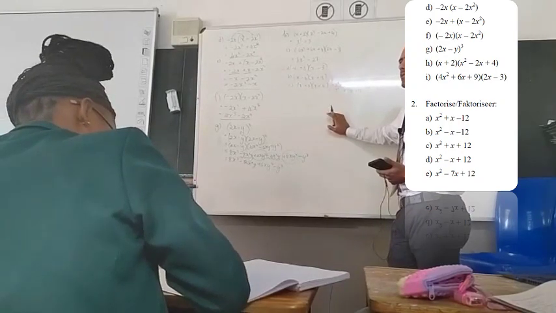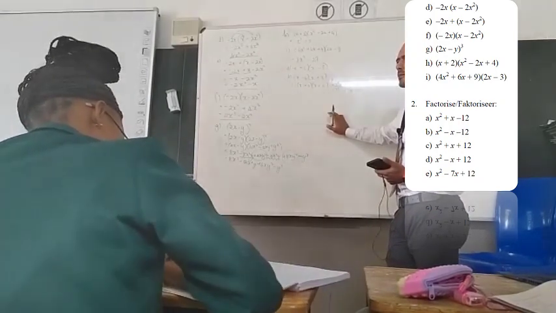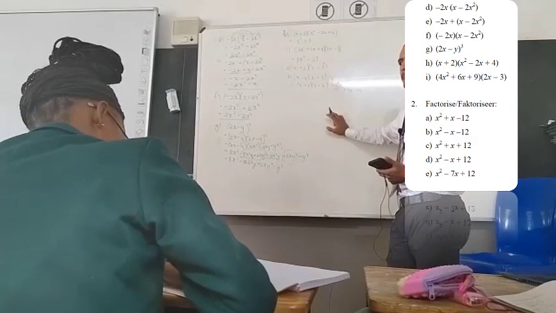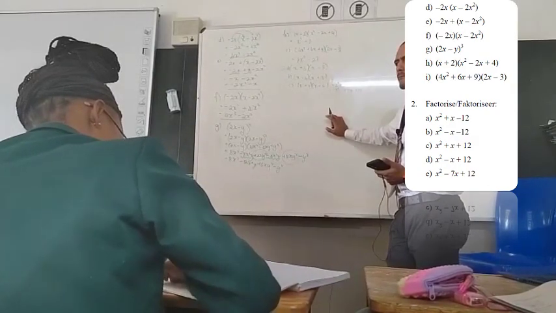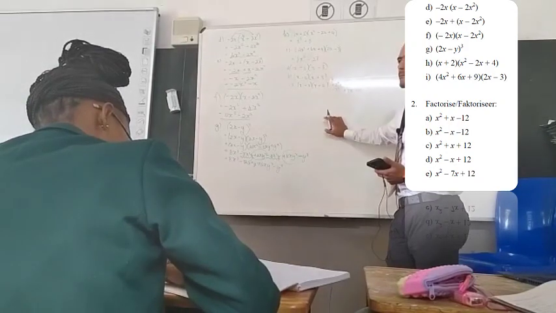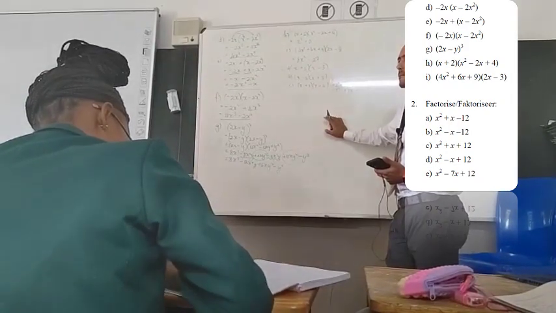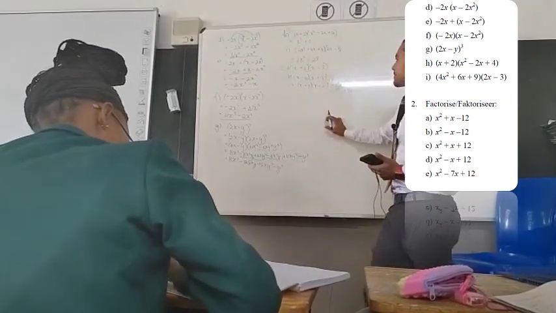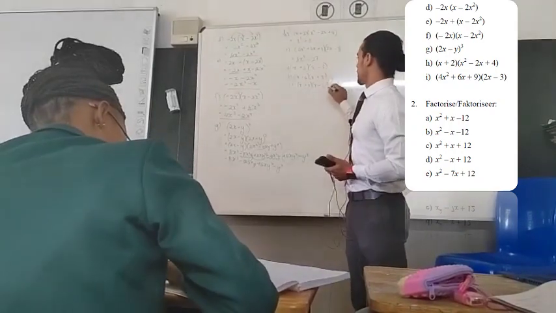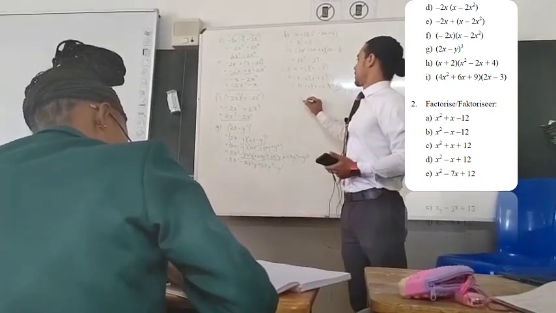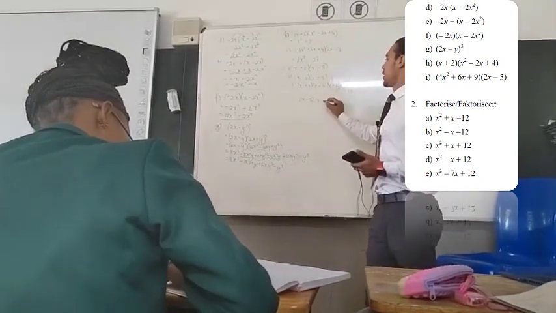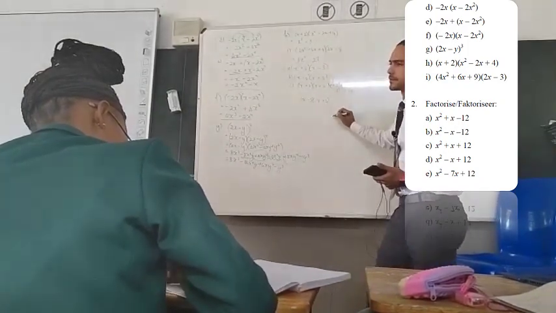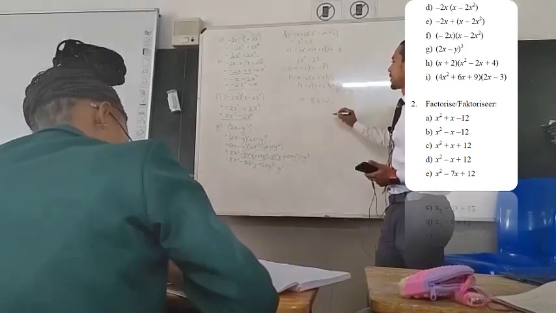All right, Shluma. All right, so this one didn't work. X minus 3, x plus 4. All right, let's see what happens.